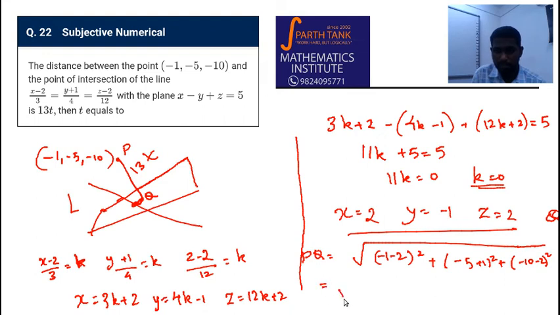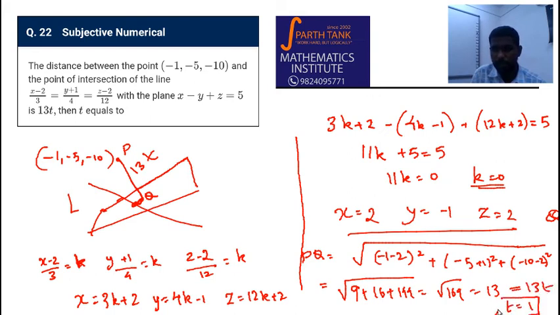So this becomes the square root of 9 plus 16 plus 144, which is 169, which is 13. Now if this is given as 13t, t is equal to 1. So you see this very simple problem. The answer is 1. Just find the point of intersection of the plane and the line and then use the distance formula to establish the distance.